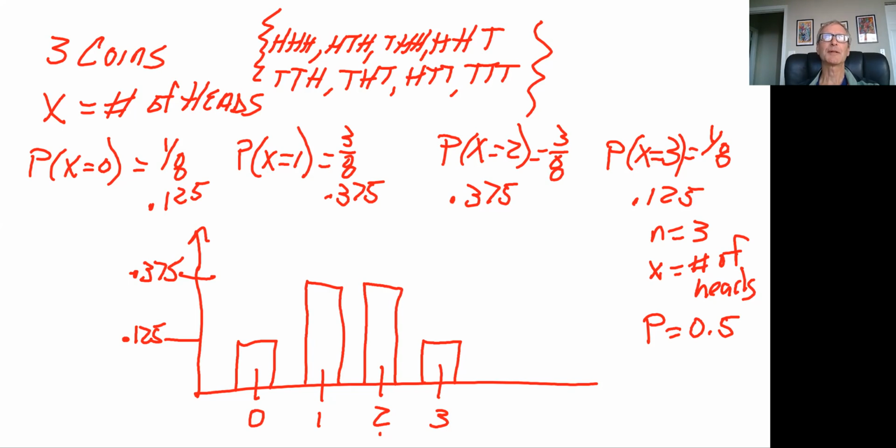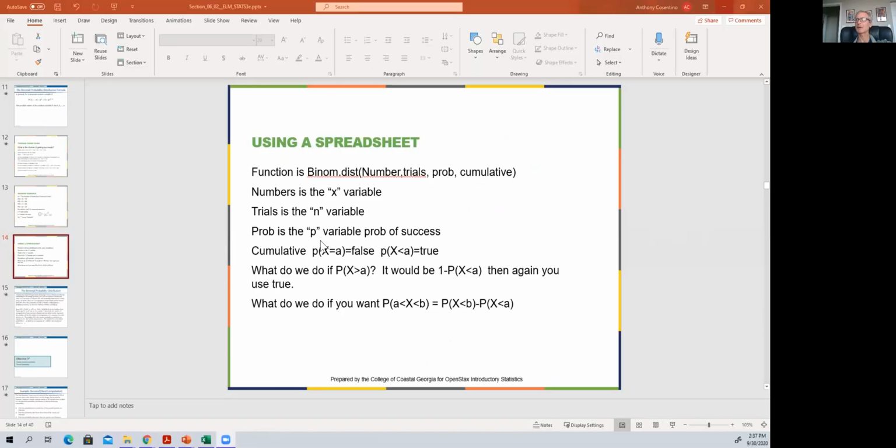And what I'd like to do is to show you what I have in the slide here. Again, these are available on our Canvas site. And you could see that if you're going to use the spreadsheet, you have 4 inputs that you need for the binomial distribution function in the spreadsheet.